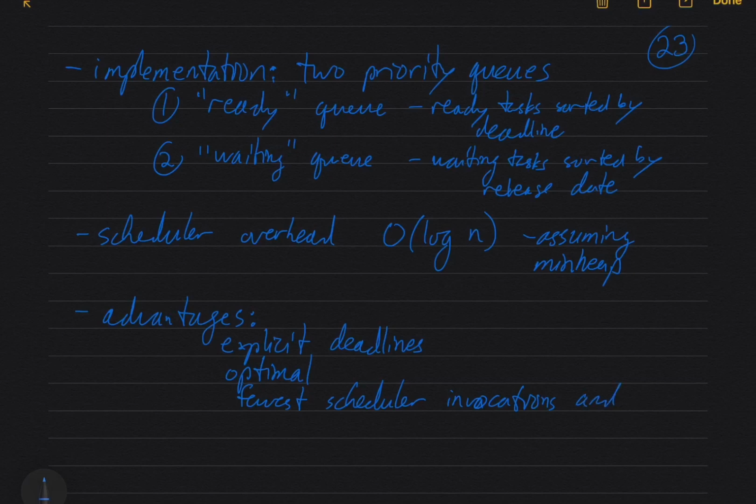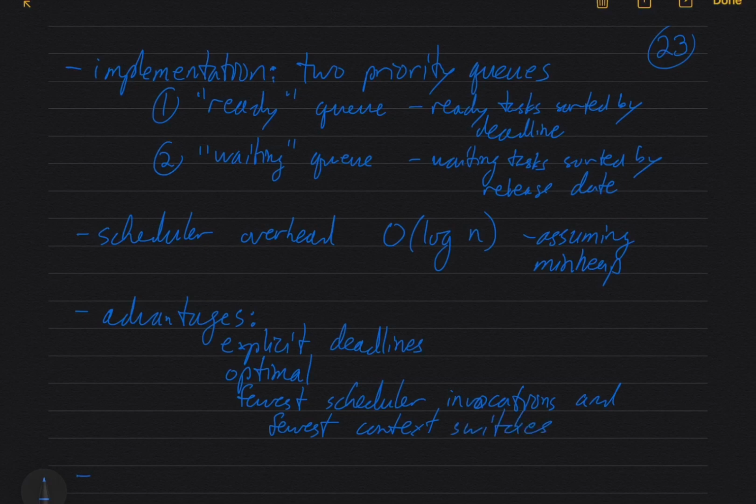And your scheduler might decide to just run the same task again at the end of the time slice because there's nothing else of equal priority that's ready. But in any case, EDF has the fewest context switches.